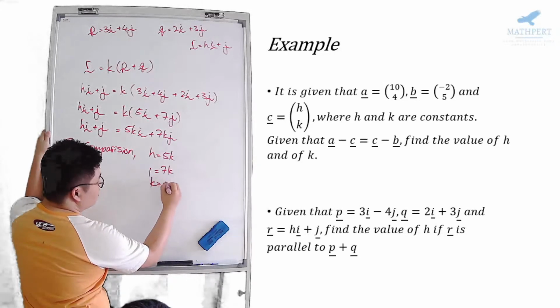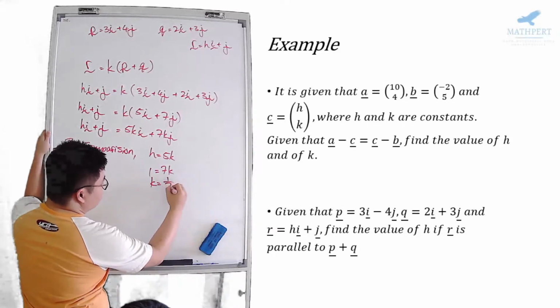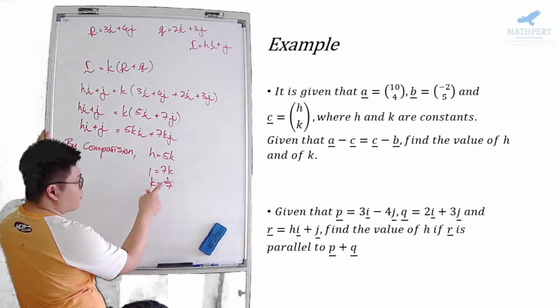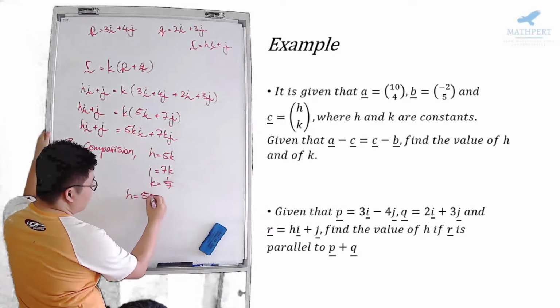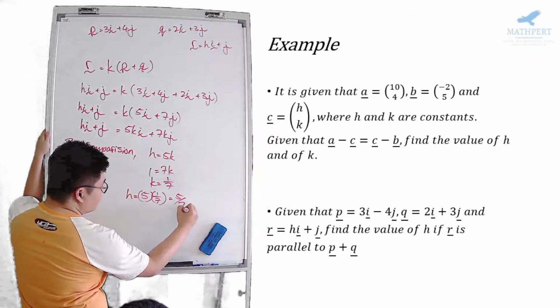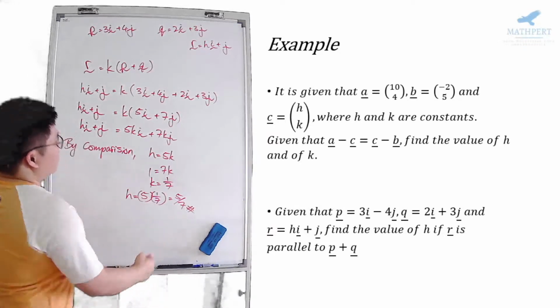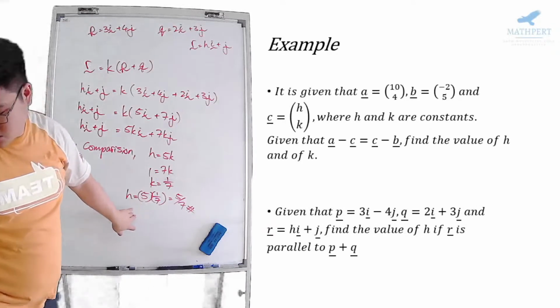So k is equal to 1 over 7. When we substitute 1 over 7 into here, I get h is equal to 5 multiplied by 1 over 7, which is 5 over 7. So this will be the answer for h.